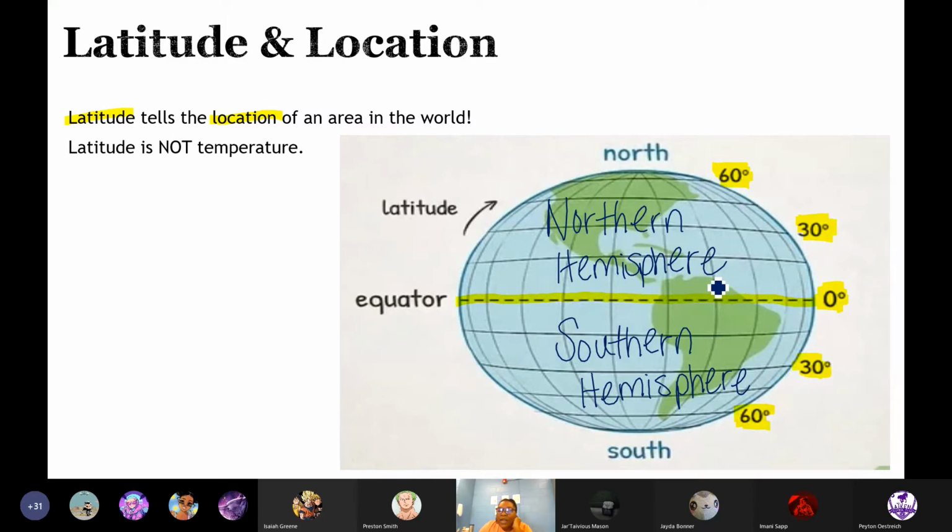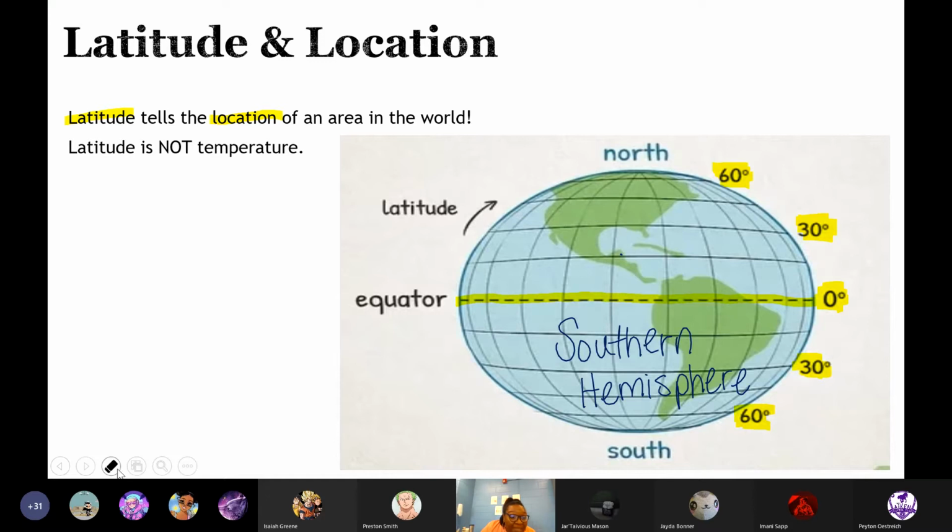So when we're looking here at the equator, we need to make sure we understand that we're talking about location. We want to remember, when we talked about climate zones, that the equator and the area around that equator is the warmest part of our world.